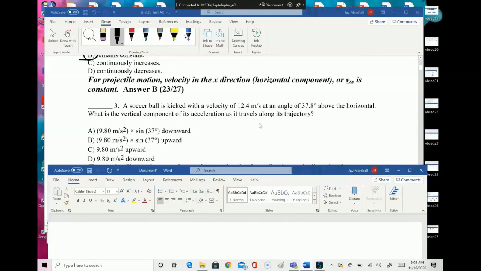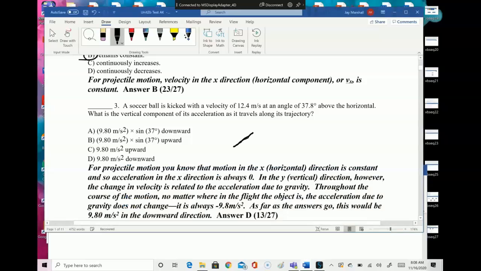Okay? A soccer ball is kicked at a velocity of 12.4 meters per second at an angle of 37.8 degrees above the horizontal. So a soccer ball is kicked like that at a velocity of 12.4 meters per second.